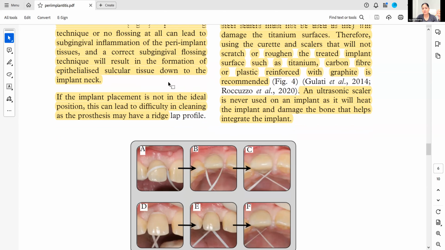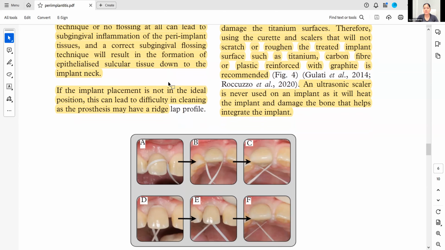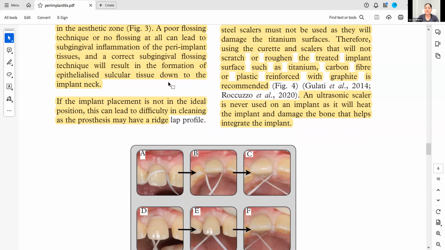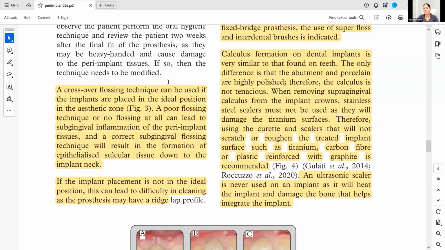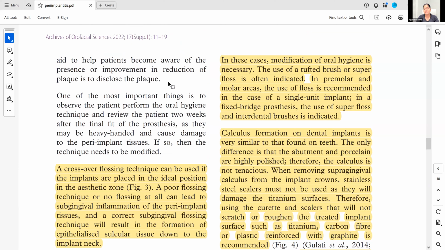If the implant placement is not in the ideal position, this can lead to difficulty in cleaning, and the prosthesis may have a ridge lap profile as well. That also makes it difficult to floss. So in those cases, you have to modify the hygiene. You can suggest they use tufted brushes, interdental brushes, or superfloss, right?